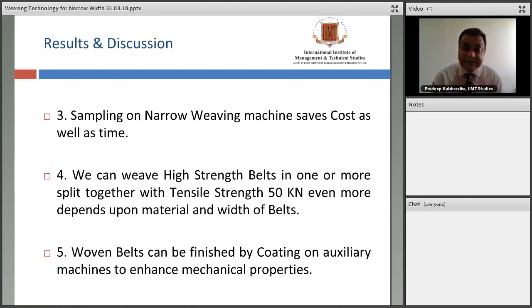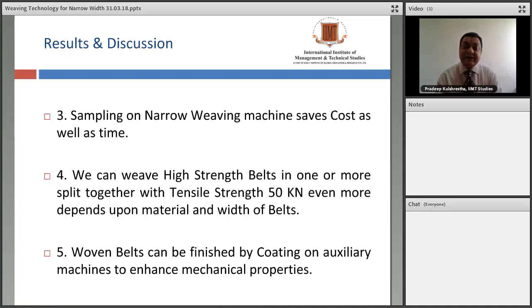Now we are discussing the results of this narrow fabric. We can say sampling on the narrow weaving machine saves cost as well as time. If we make the sample on a broad loom, maybe air jet, water jet, Dornier, or Vertile, the full width will take more consumption of yarn, which is a cost factor.